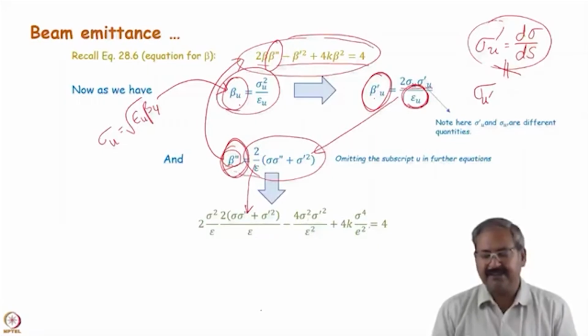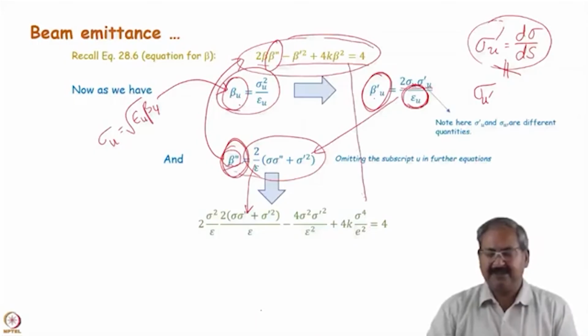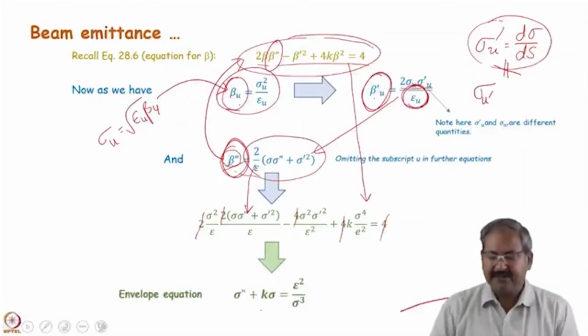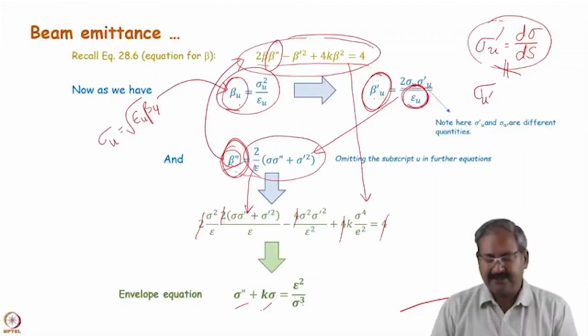Okay. So we have now from this equation to this equation. You can see that 4 will be cancelled out, and after rearranging, you will get sigma double prime plus k sigma is equal to emittance square upon sigma cubed.